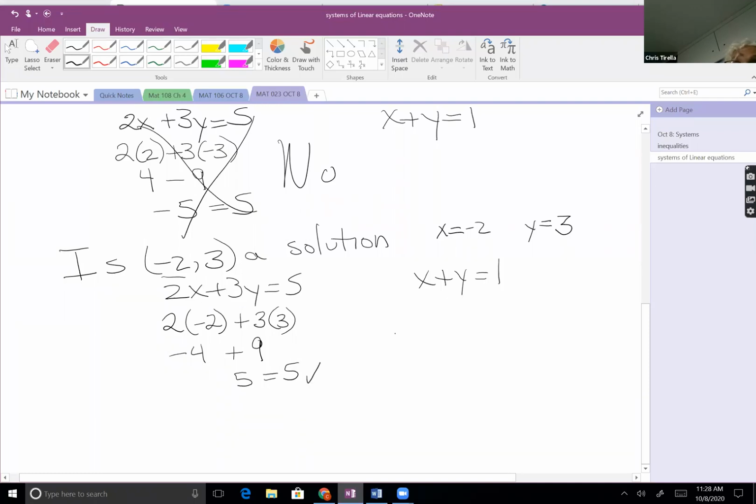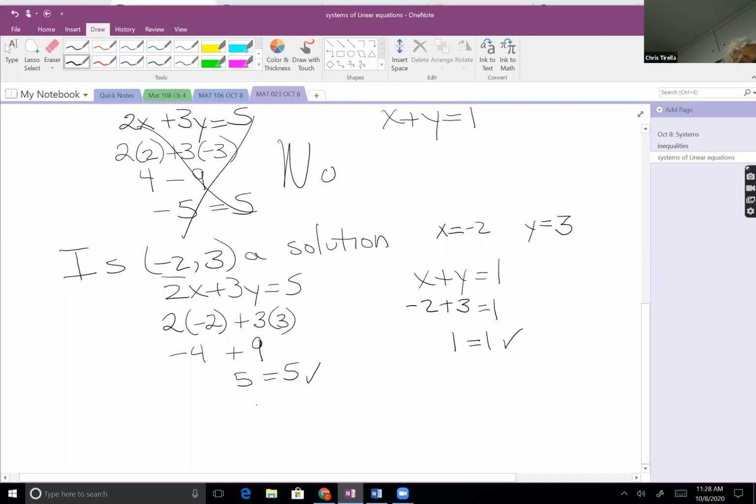Yes, but that's not enough. It's got to work in both. So now, because I got one yes, I'm going to substitute in the other. X is -2, y is +3. -2 plus 3 is 1, equals 1, and it checks.